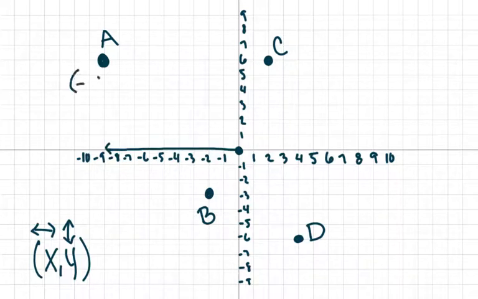Negative 9 is our x coordinate, and then I'm going to travel up to 6. And so my y coordinate is going to be a 6. So point A is negative 9, 6.